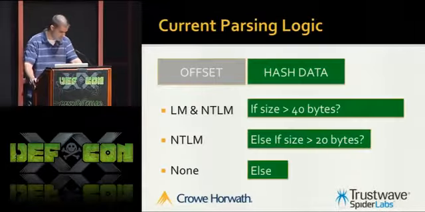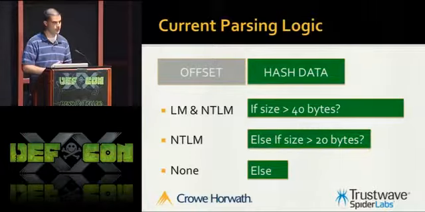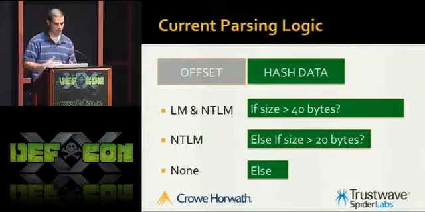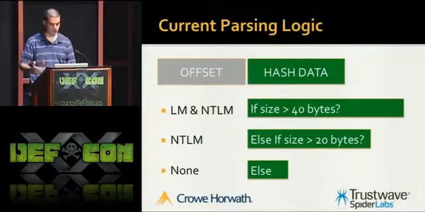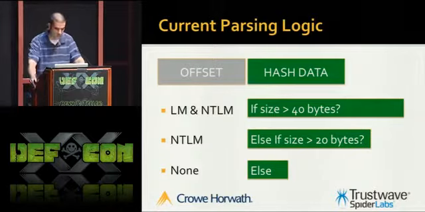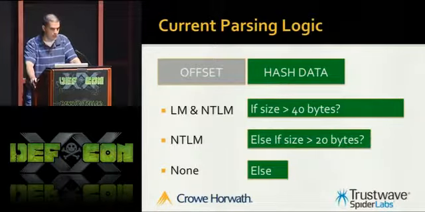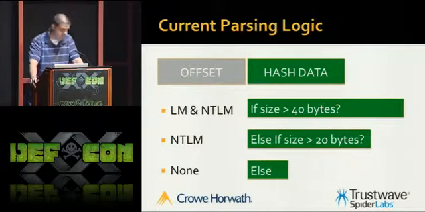But we said, all right, turns out we have this V key, which has all of our data that we want to play with, and we need to read into a certain part of this key, which is the offset. So we're just reading in until we hit that hash data. Then, once we get to the hash data, we need to figure out how to parse this. The way these tools did this was they measure the length of hash data. If the length of hash data is over 40 bytes, then they assume that they have an LM and an NTLM hash, because each hash is 16 bytes, and then there's a 4-byte header for them.